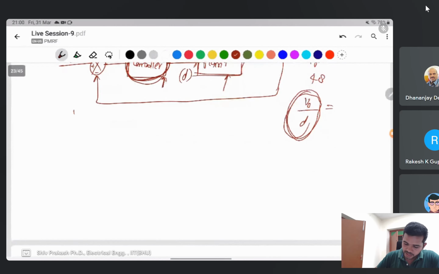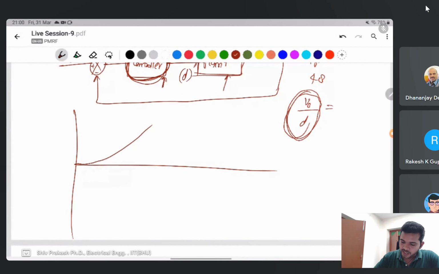If you have a non-linear system like that, then you can analyze the piecewise transfer function. If you take this part as linear, after that you can take the next part as linear. Then you can make any non-linear system piecewise, stepwise linear.